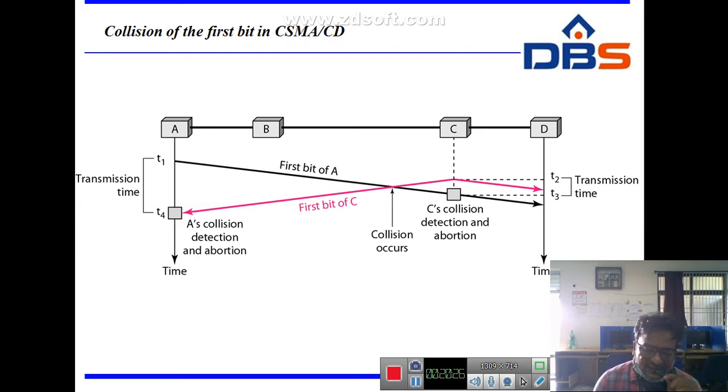Based on that, CSMA works. Here we have another type of multiple access, carrier sense multiple access with collision detection.